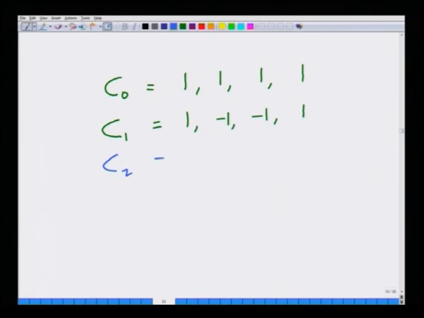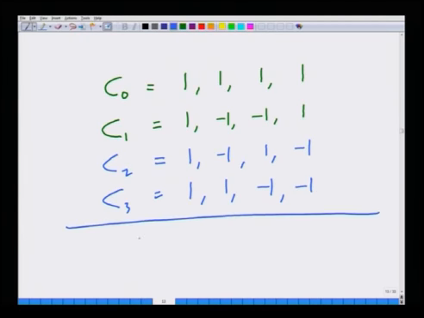One is C2, which is 1, minus 1, 1, minus 1, and C3, which is 1, 1, minus 1, minus 1. So, these are a set of 4 spreading codes.